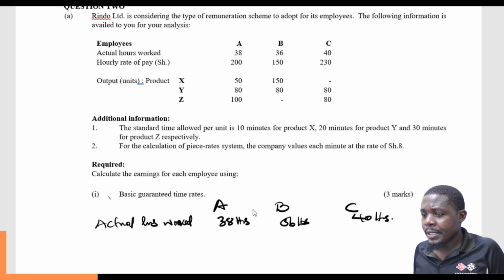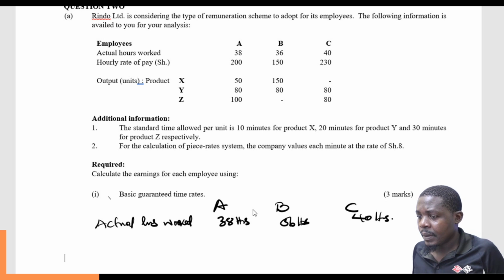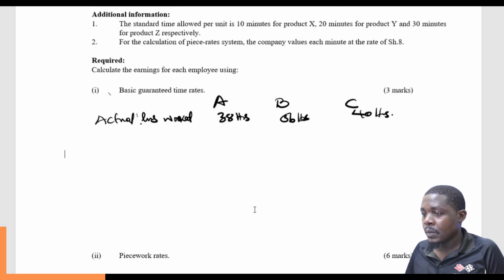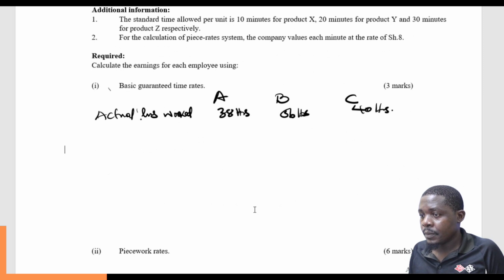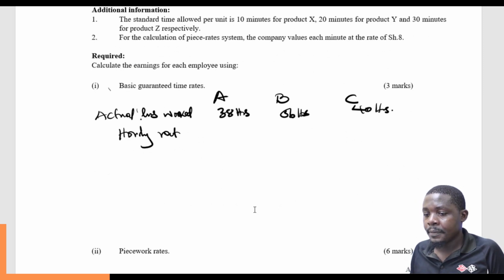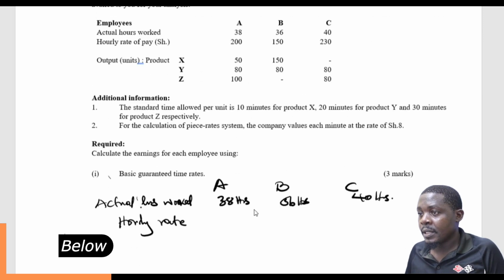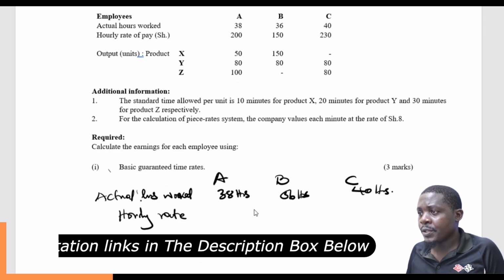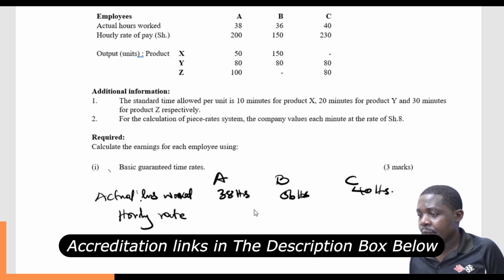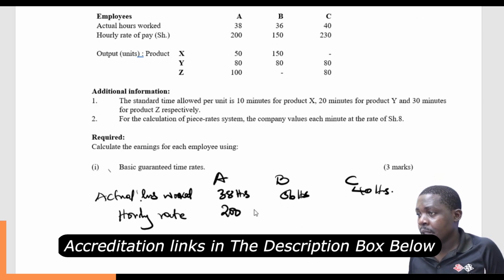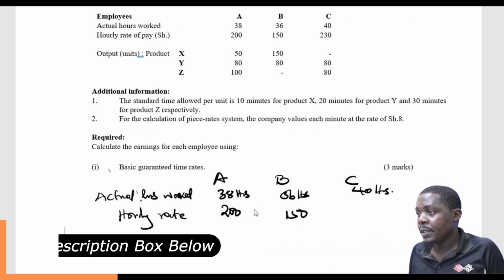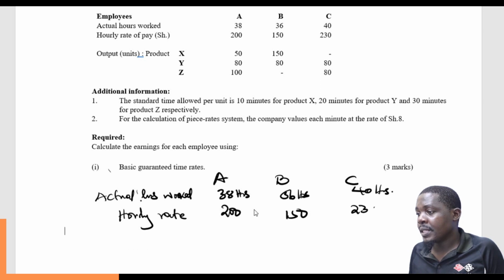Then hourly rate, we are told that for A is 200, 150, then we had 230.